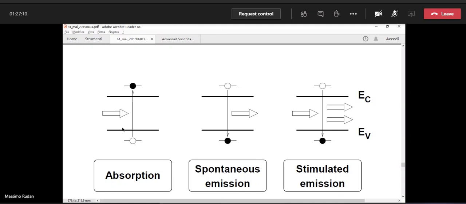Also, the other disadvantage of the photoresistor is that when the light impinges on it, the current has a variation. So we must detect a variation of the current with respect to the current that existed without illumination. This variation may be not so large, so that we have an issue of noise.